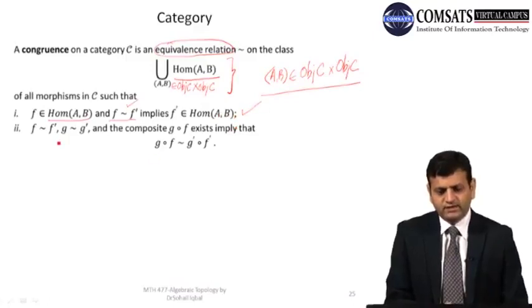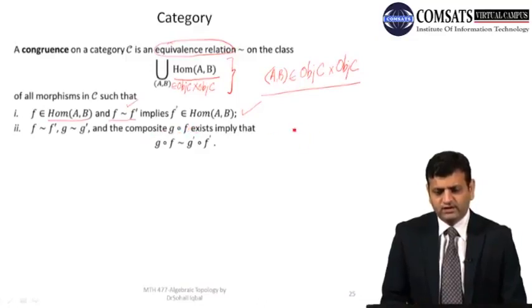The second condition is if f is equivalent to f prime and g is equivalent to g prime and the composition g circle f exists. Whenever we say the composition exists, it means that f is a function from A to B and g is a function from B to C. Of course we can't take the composition if g is not a function from B to C, and for example if g is a function from some set Z to C, then we can't take the composition.